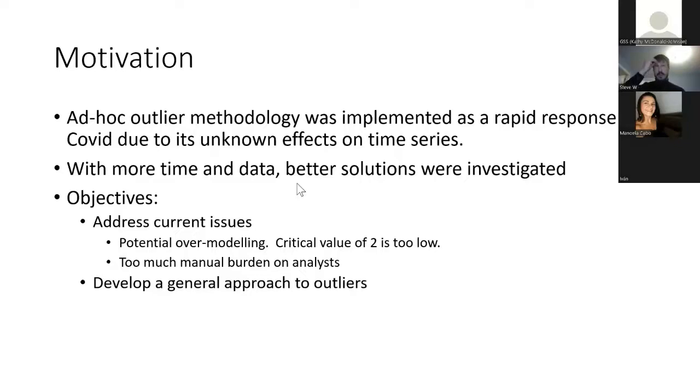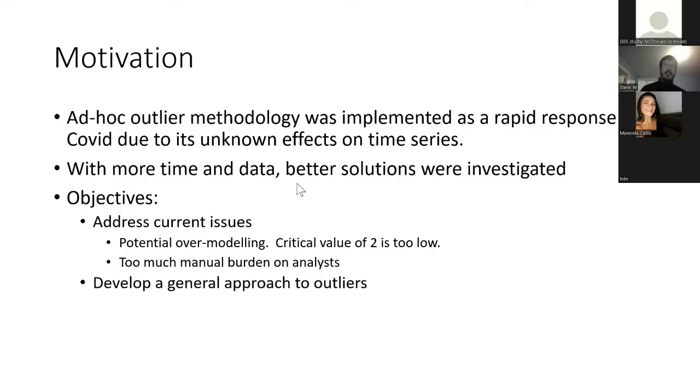Basically the objectives of our analysis were to address the current issues, where we highly suspect that the critical value of 2 is too low and that we're over modeling things. The other issue is that we've got over 2,000 series that we manage, and it's a big burden on analysts.